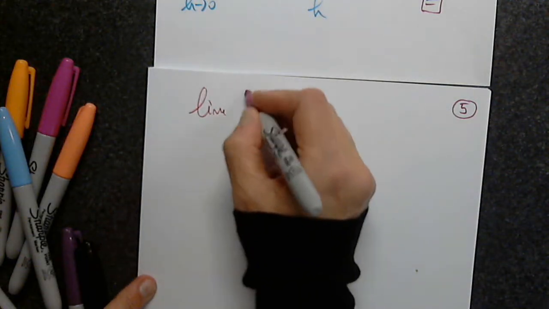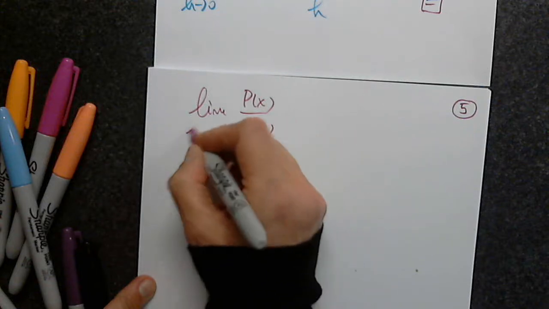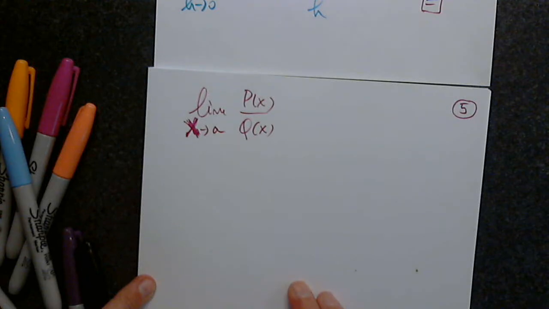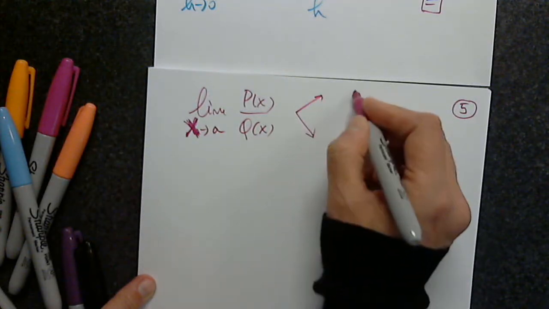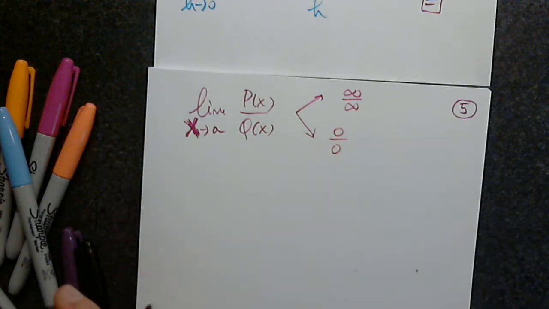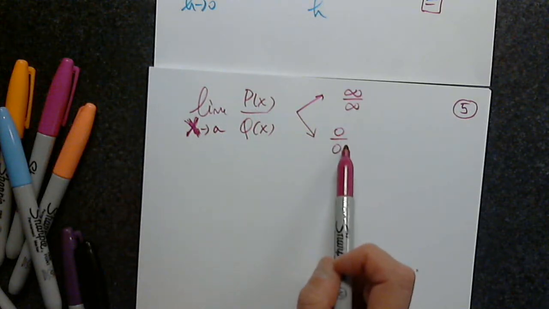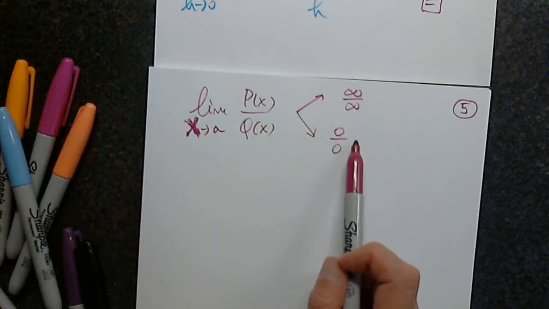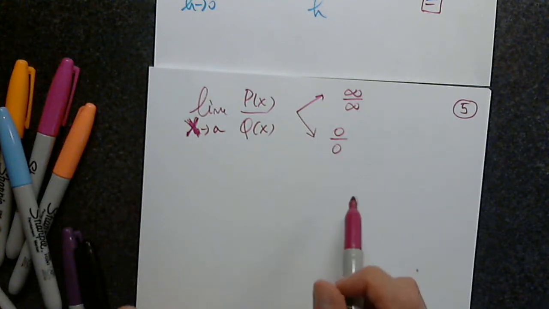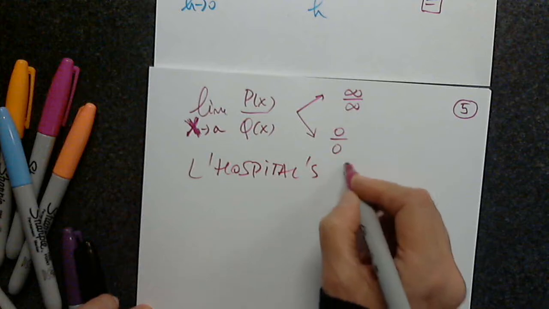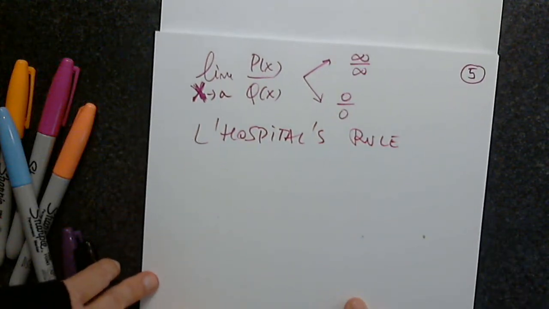So if I have to determine the limit of p of x over q of x, as h, not x, it doesn't matter, as x approaches a, and I plug in a and I get one of these two indeterminate cases, infinity over infinity or 0 over 0, nothing else, no other indeterminate case, then L'Hopital's rule allows us to do something that otherwise is not allowed.